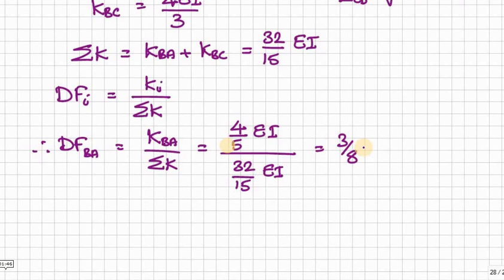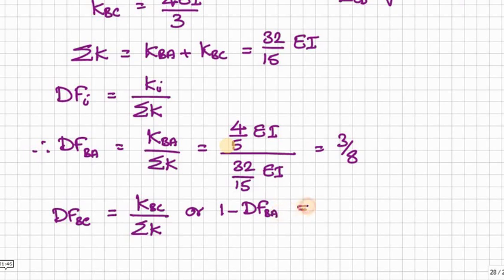Next, distribution factor for BC, which is equal to KBC divided by sigma K, or 1 minus distribution factor for BA, because we have only 2 members at the joint B. So, which is equal to 5 by 8.